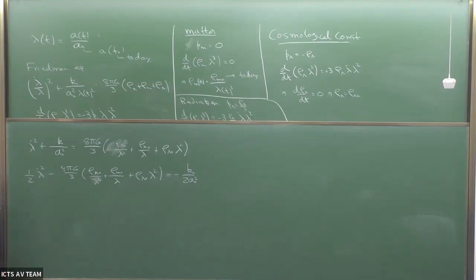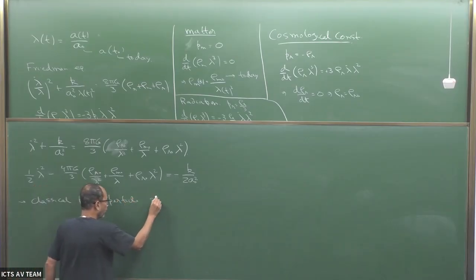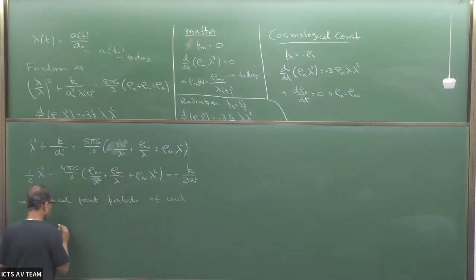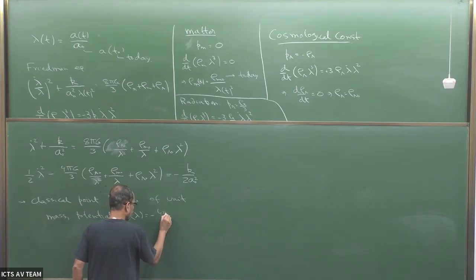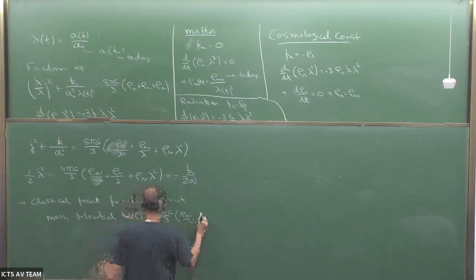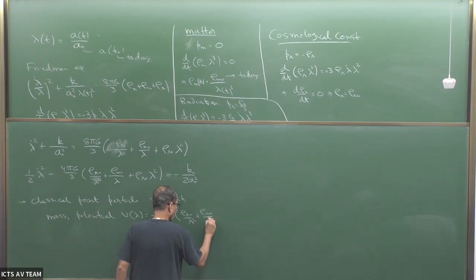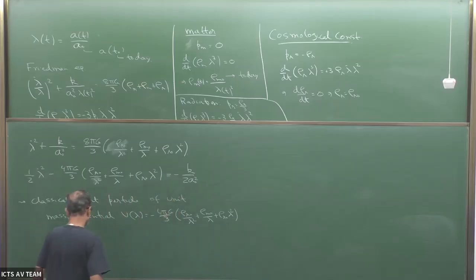Now this we can think of as a classical point particle of unit mass moving in a potential E(a), which is this whole thing, with total energy as given.